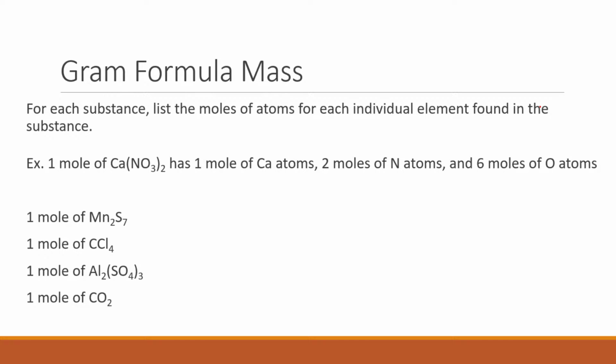Right, we're going to start by taking it apart and counting how many of each type of atom is in the substance. Right, so the example up top here is the one that we were just looking at. Calcium nitrate has 1 mole of calcium atoms, 2 moles of nitrogen atoms, and 6 moles of oxygen atoms.